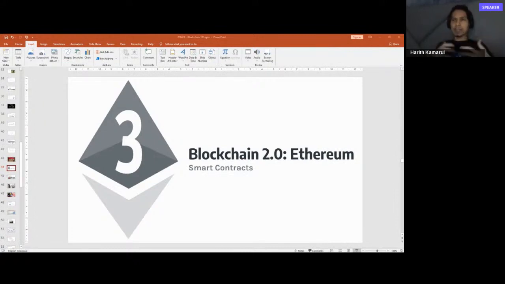So similarly, where blockchain 1.0 was about having decentralized money, where you can send money to someone and receive it from someone else, with smart contracts you can create many more applications on top of simply sending and receiving money. An example I like to use is that with Bitcoin, you can't pay someone their salary automatically.